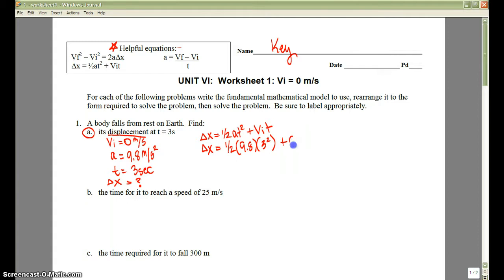We have an initial velocity of 0 times 3, but anything times 0 is 0, so we can get rid of it. Then we take 4.9 times 9, moving the numbers outward, so we get our distance of 41.1 meters.